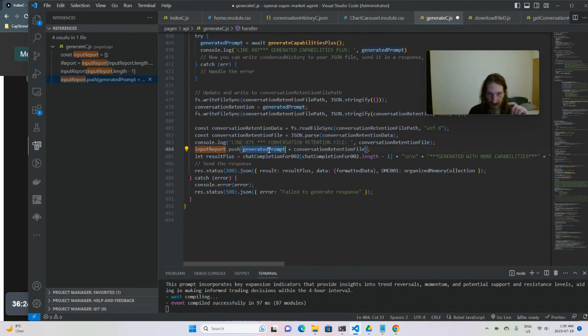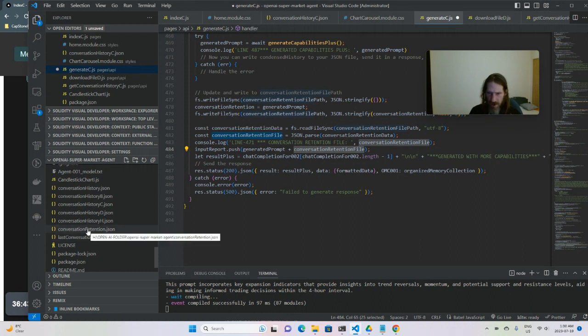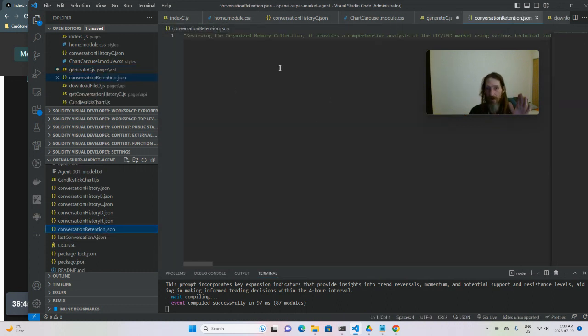So it's the generated prompt plus the conversation retention file. Conversation retention file. So it's kind of the last conversation, the last thing it said.